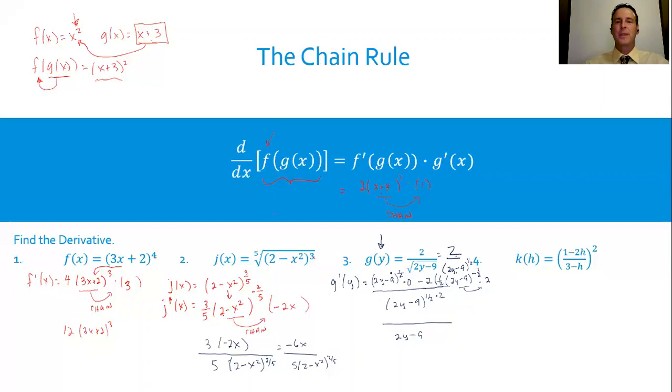Okay. All right, first part is nice. This goes away. And over here, 2 times 1/2 is just 1. And gosh, a negative times all of this will still be a negative. And I still have another 2. And it's this 2y minus 9 to the -1/2.